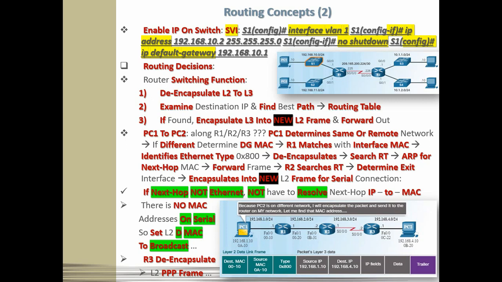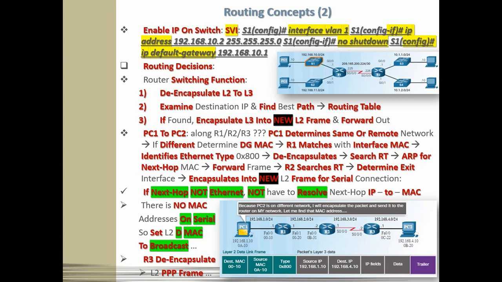Directly connected network, as we had with R3: if the destination IP address belongs to a network that is directly connected to the router, the packet is forwarded out of that interface and that's it. If the destination is within a remote network, as we had with R1 or R2 in this scenario, the packet is forwarded to the next hop router.